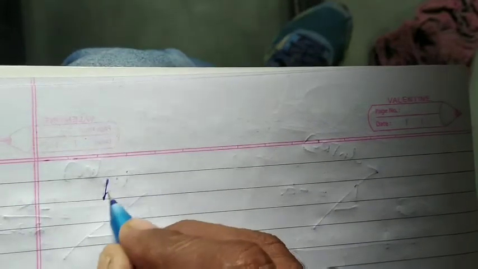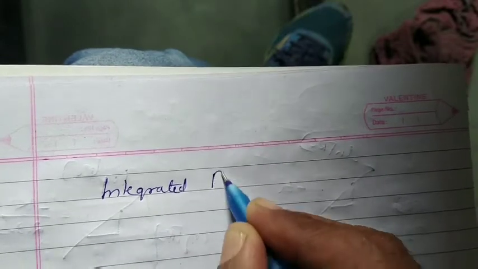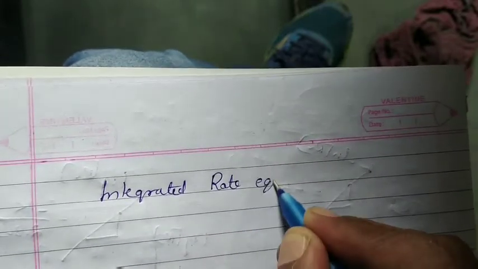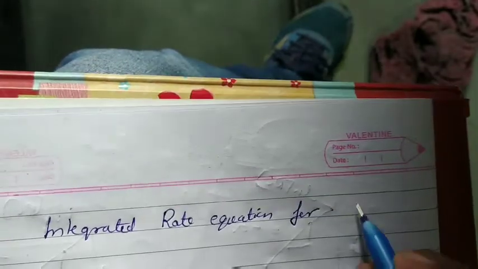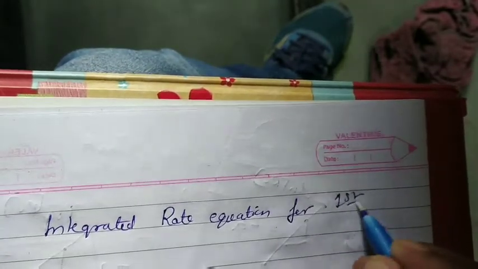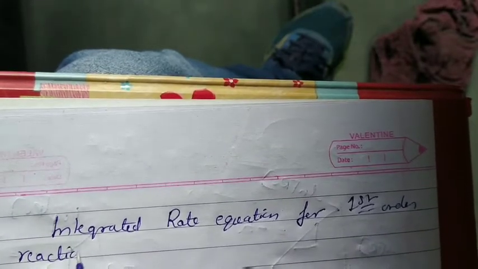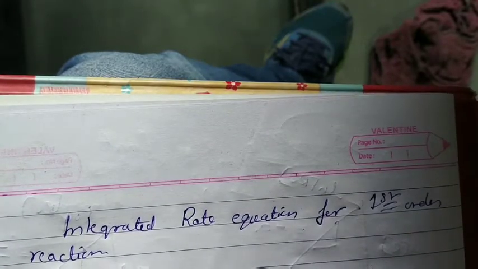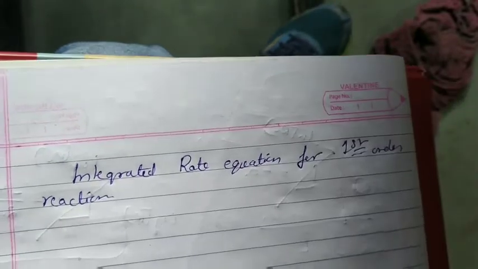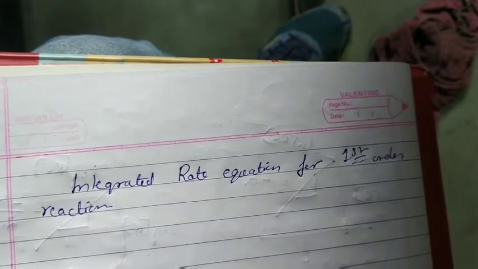Okay, we discuss the integrated rate equation for first order reaction. Again I revise, the reaction which depends upon the first power of the concentration of reactant is known as first order reaction.